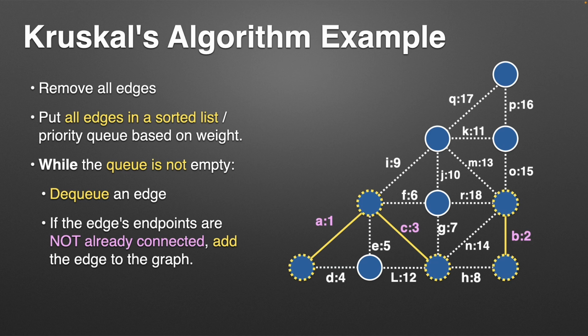We should have a 4 somewhere. Okay, so we have D, which is 4, which would connect us to this node here, which we're not connected to. And so we do need that to make a minimum spanning tree. We've got to be connected to everything. So we can go ahead and add that.